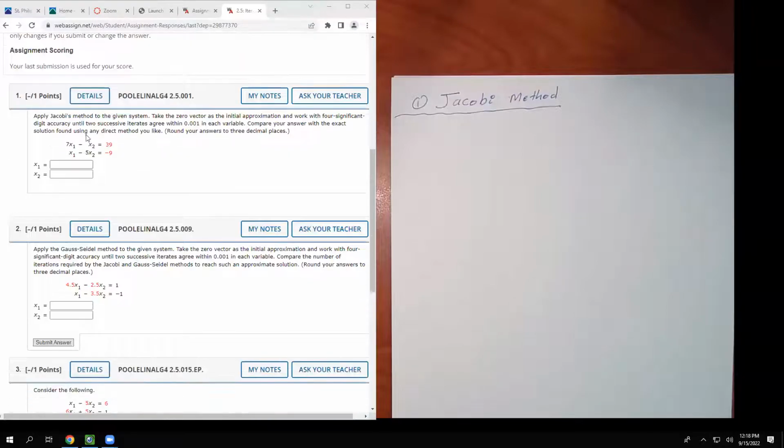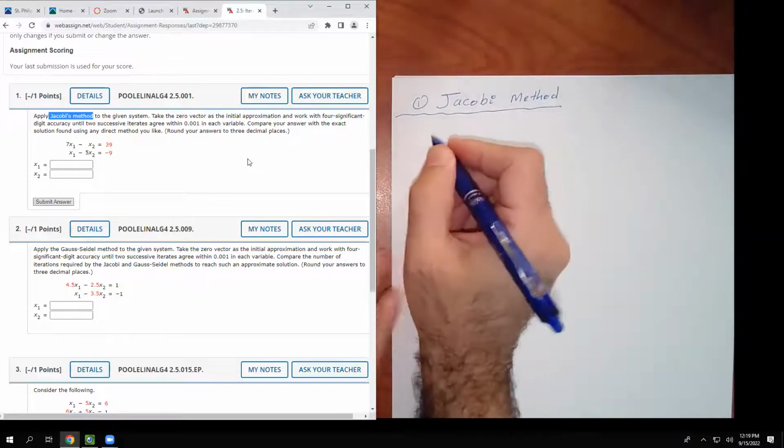The first example here, they ask you to use the Jacobi method to find an approximate solution. So let's check this example and how we're going to find the approximate solution.